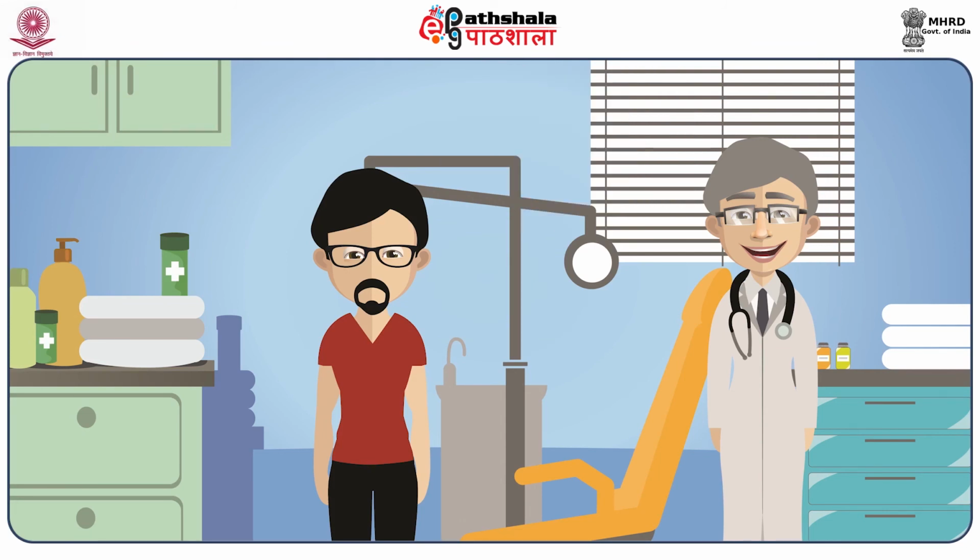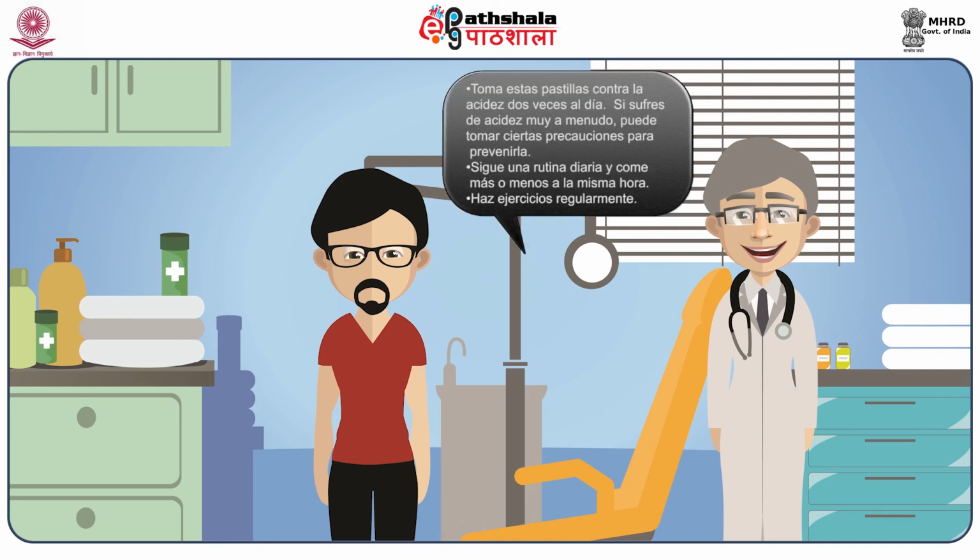Por eso tienes este dolor en el pecho y en el estómago. Toma estas pastillas contra la acidez 2 veces al día. Si sufres de acidez muy a menudo, puedes tomar ciertas precauciones para prevenirla. Sigue una rutina diaria y come más o menos a la misma hora.